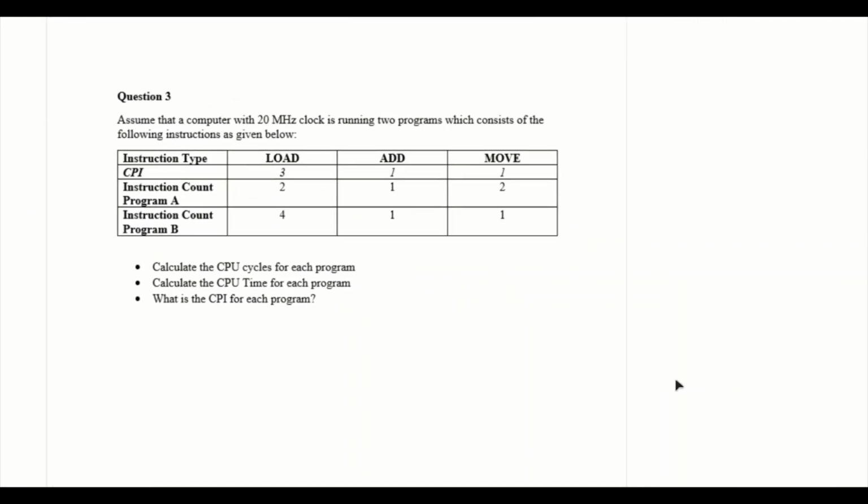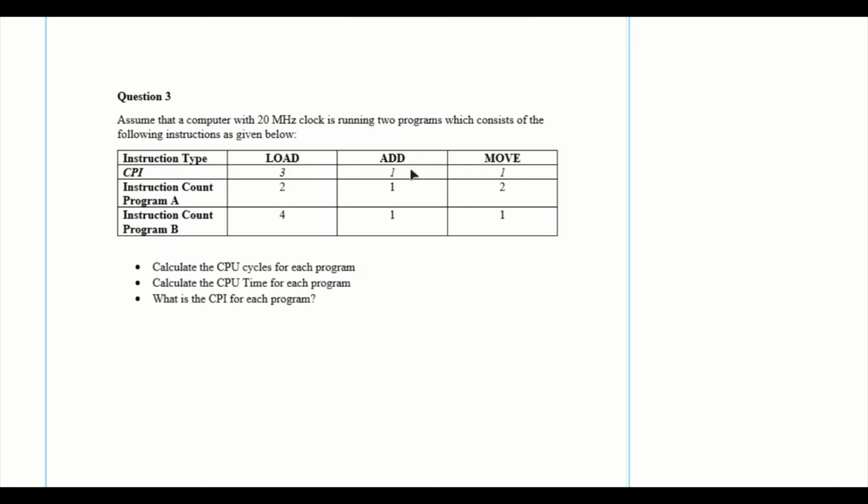Here there is another question, similar to the previous one. Can you see a clock is given? This is clock rate 20 megahertz. The question already put everything in tabular form, easy for you. In the previous question I said type A, type B, type C; here they say load, add, move. It's okay, whatever.